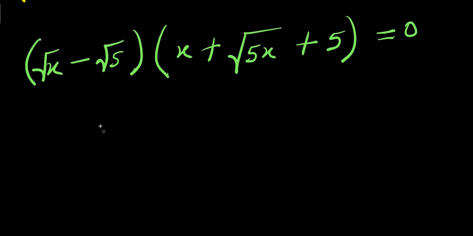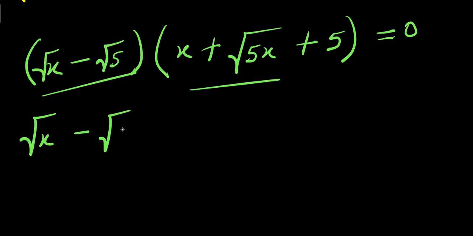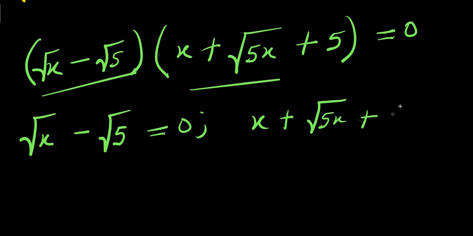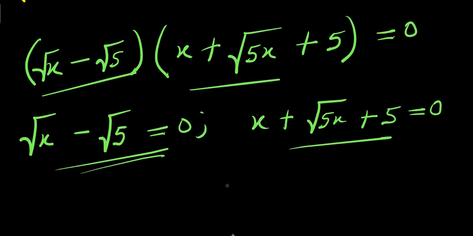So from here, we are going to equate each of these to 0. We have root x minus root 5 equals 0. We also have x plus root 5x plus 5 equals 0. So let's solve this individual equation, starting with this one here.